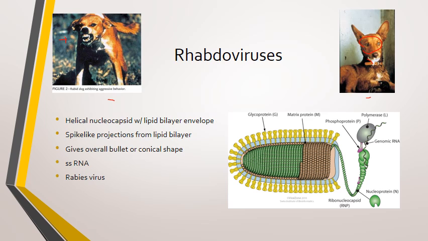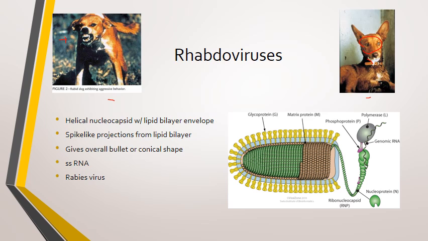The fact that it moves from neuron to neuron across the junction assists it in hiding from the immune system, okay? The overall shape then, from the way the virus is structured, gives it an overall bullet or conical shape, which just adds to its mystery.